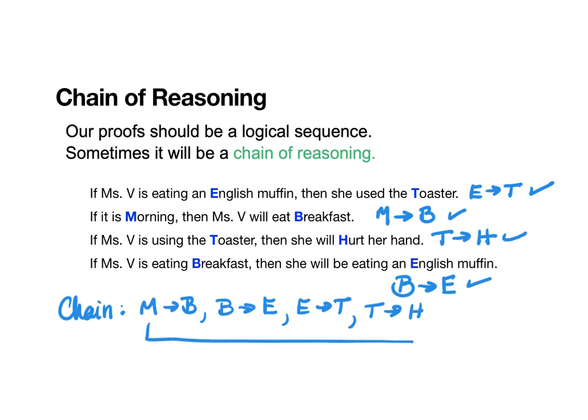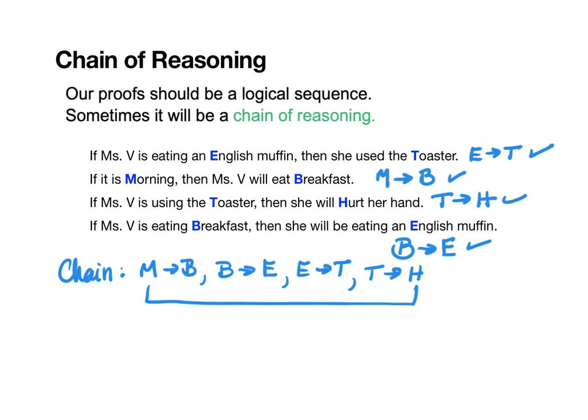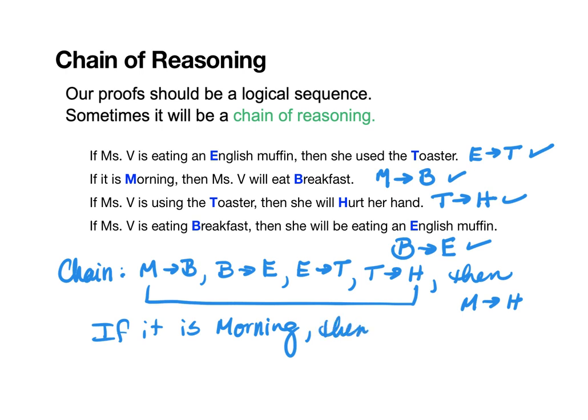So we could jump from M to H. So if we can link all that together, then we know that M implies H. Or if it is morning, then Ms. V will hurt her hand.